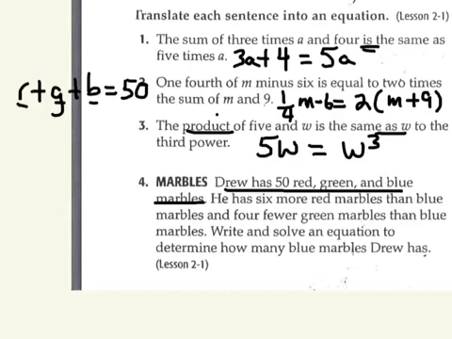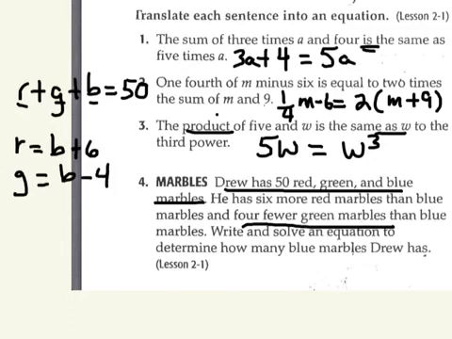He has 6 more red marbles than blue marbles, so that means red can be written in terms of B plus 6. And he has 4 fewer green marbles than blue marbles, so that means green can be written in terms of B minus 4.